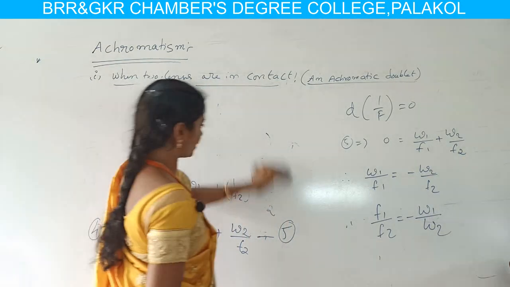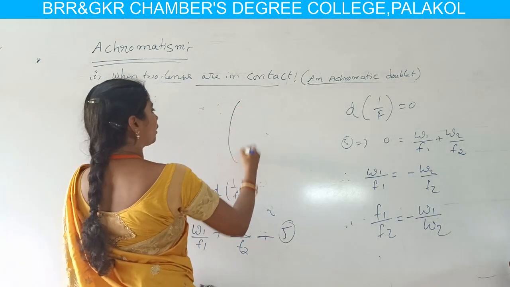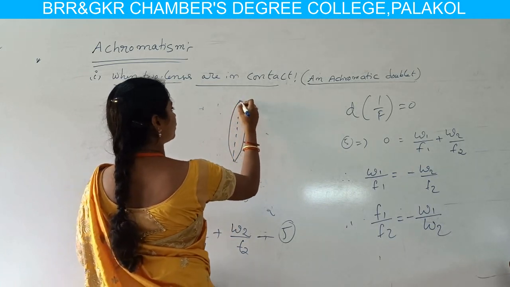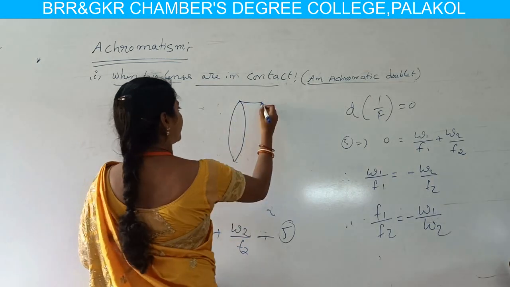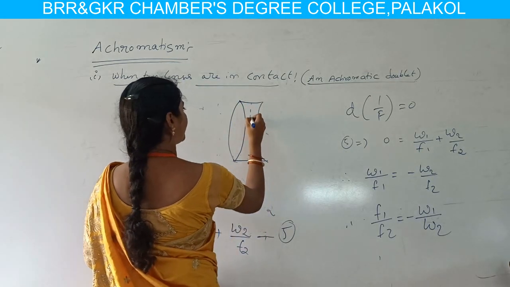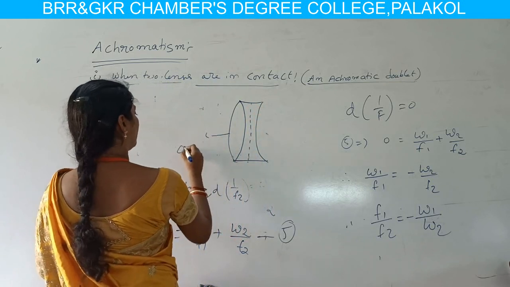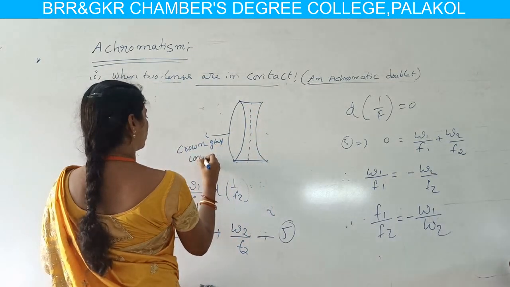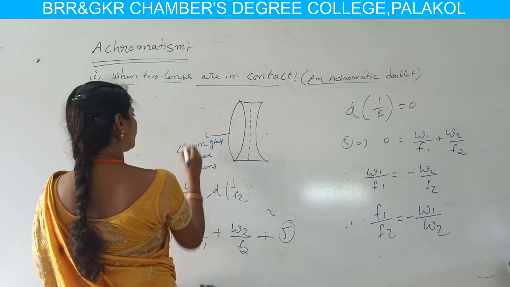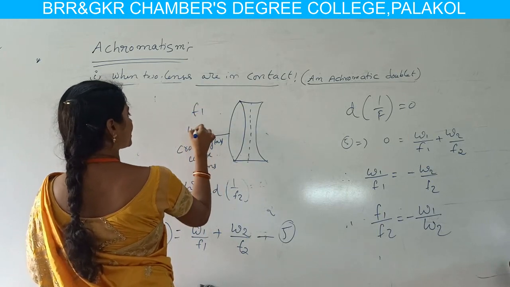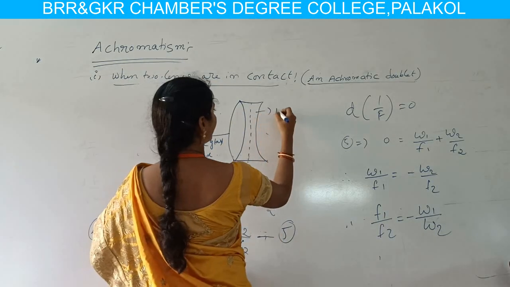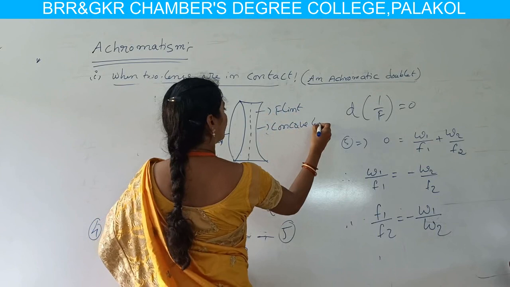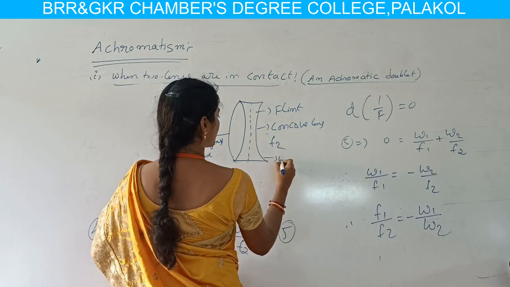The achromatic doublet is made of crown glass as a convex lens, with focal length f1 and dispersive power omega 1, and flint glass as a concave lens, with focal length f2 and dispersive power omega 2.